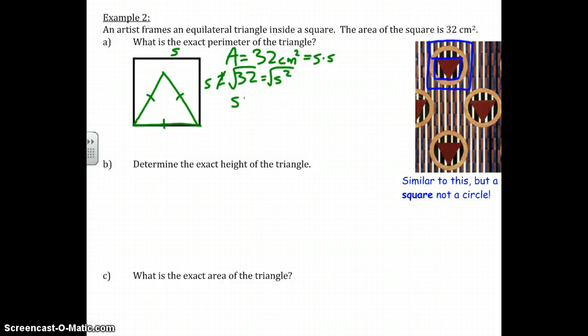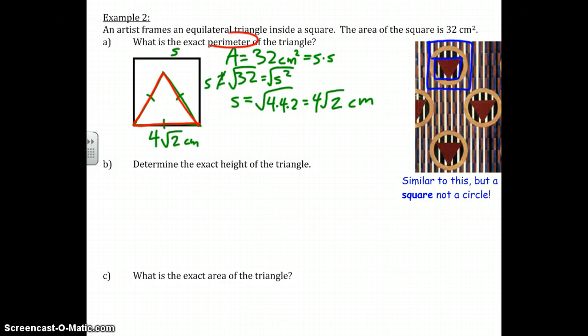So the side length of the square is the square root of 32, which simplifies to 4 square root 2 centimeters, since square root of 32 is square root of 4 times 4 times 2. So all four sides of this square are 4 square root 2 centimeters.